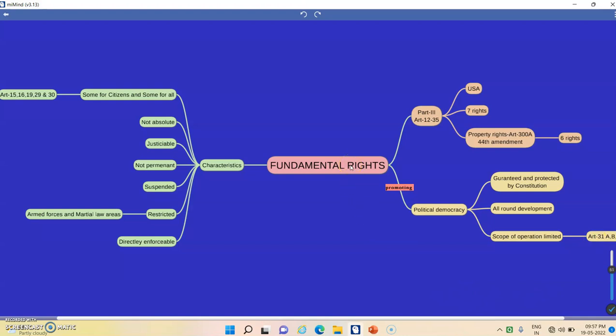Now let us discuss the characteristics of fundamental rights. The first characteristic is that some rights are available only to citizens, while some rights are available to all people, including citizens, foreigners, or legal persons.